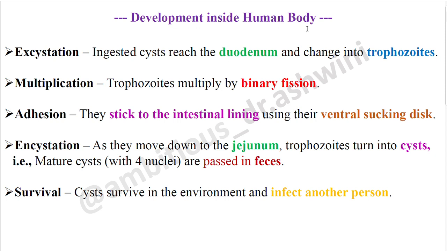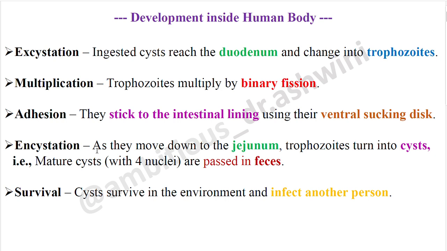Next, development inside the human body. It comes under the life cycle. So here excystation happens, which means ingested cysts reach the duodenum and change into trophozoites. Next, multiplication of trophozoites, that is, trophozoites multiply by binary fission. Then adhesion means they stick to the intestinal lining using their ventral sucking disc.